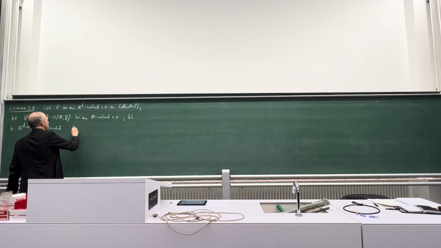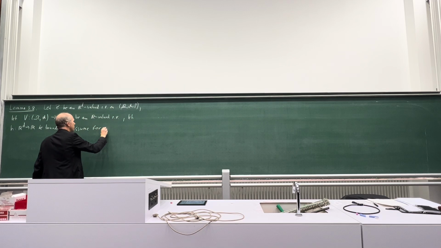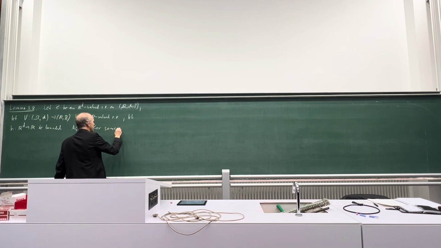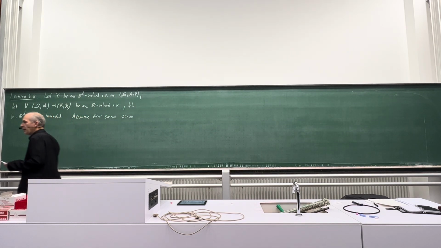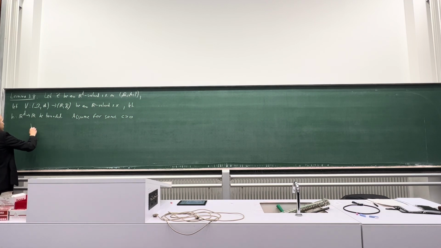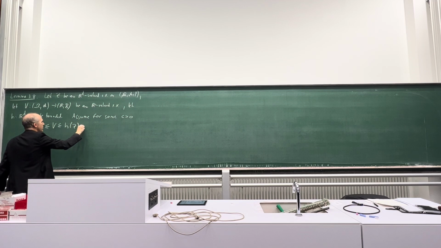Assume for some constant c greater than 0 that V takes on values in the interval from h of z to h of z plus c. So we have h of z is less than or equal to V, which is less than or equal to h of z plus c.